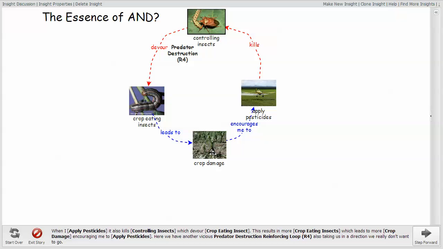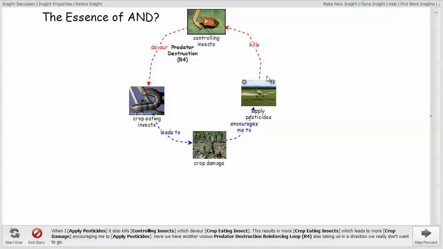before I planted my crops, before I started to apply pesticides, there wasn't a crop-eating insect problem. When I apply pesticides, it tends to kill the controlling insects that used to devour the crop-eating insects.